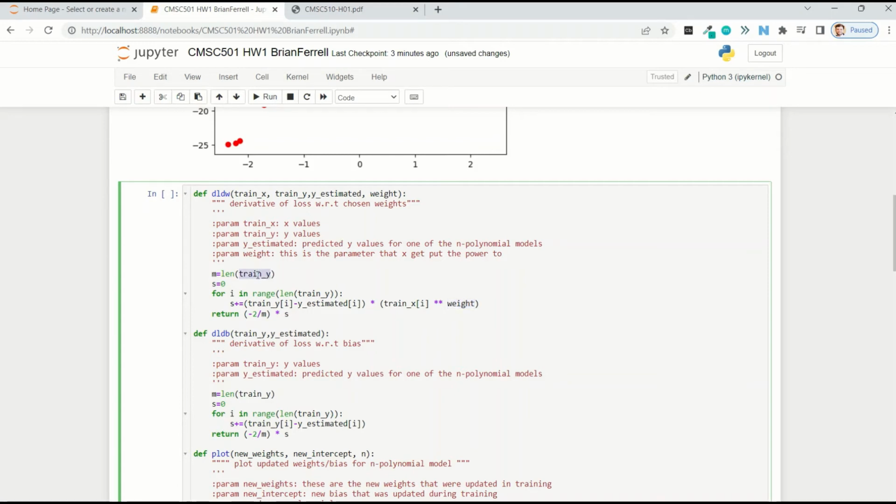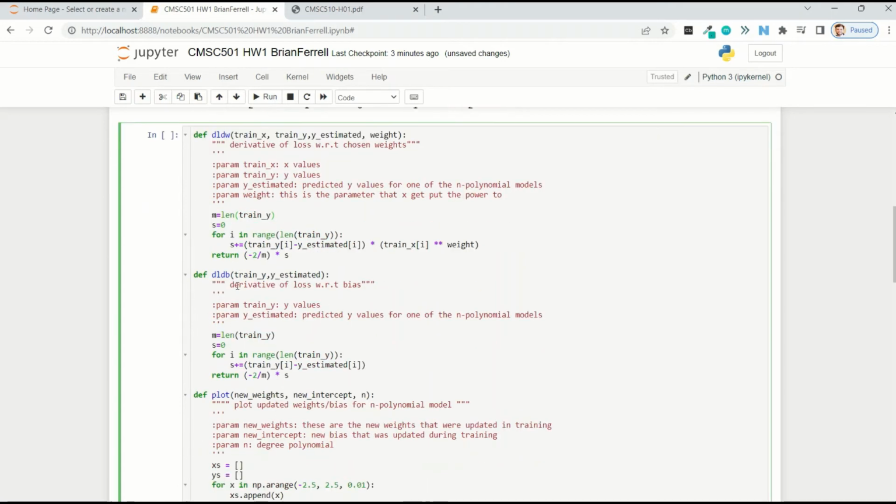M is going to be the total number of values in our training data. This is just an easy way to have the for loop where you set this variable equal to 0 and then take the sum of it, right?